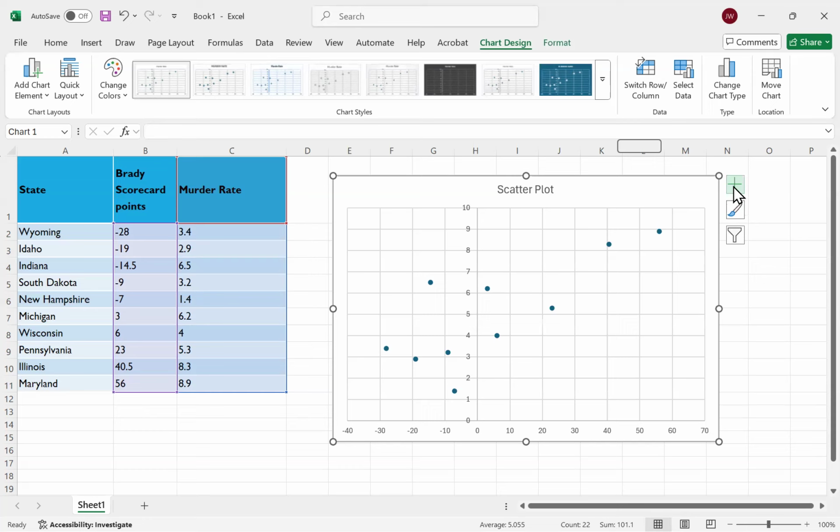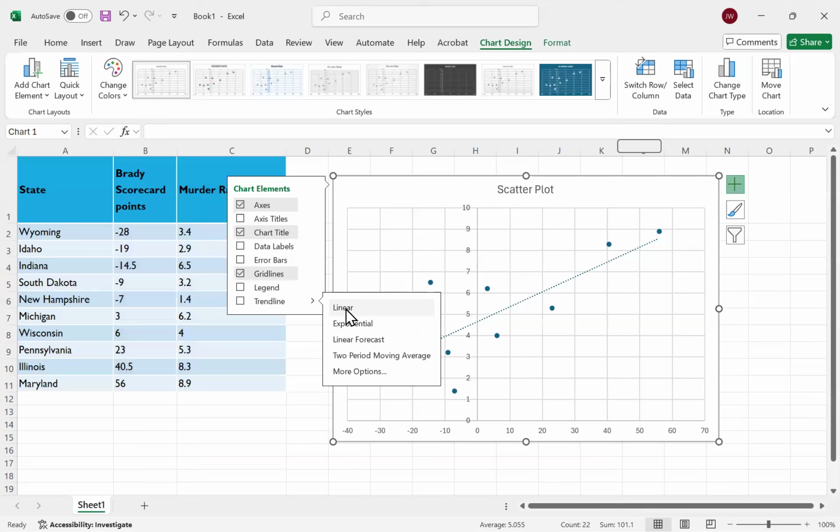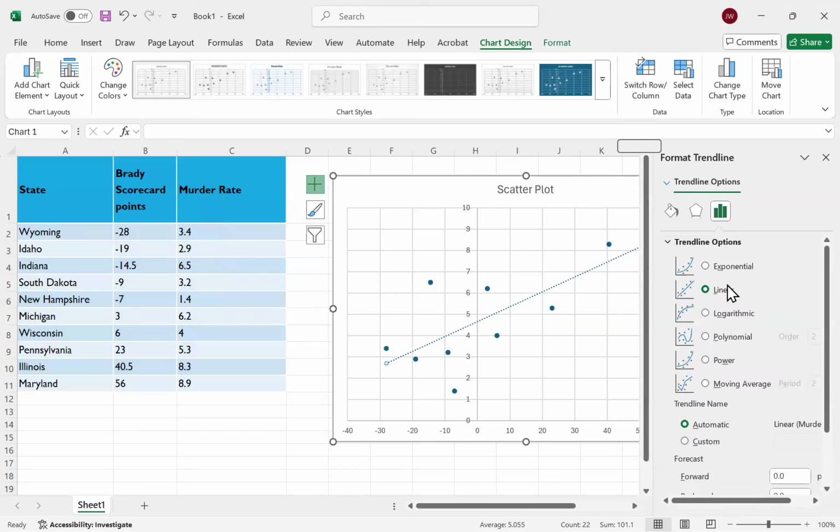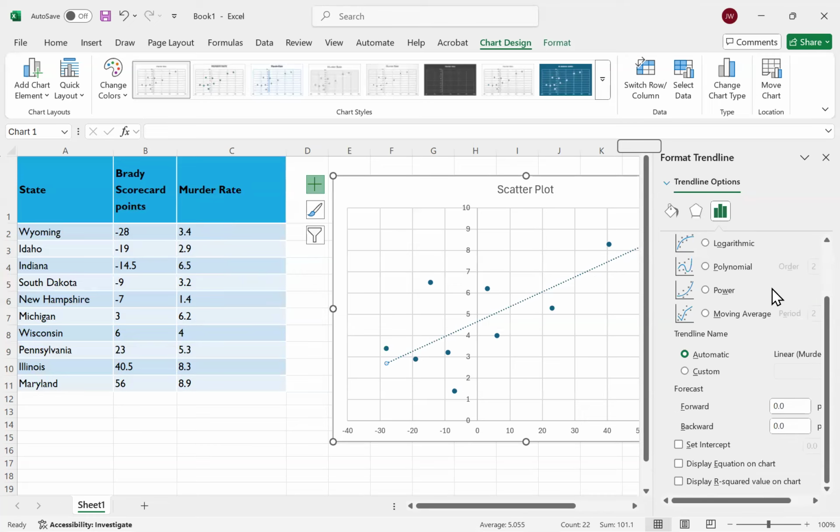And then if we want to put in a regression line, I can hit this plus and go to the trend line. Now, I'll do some more options here. You could just click the linear if you wanted to, but what's really nice is that when you put in the trend line, you can display the equation on the chart and display what's called the R squared on the chart.